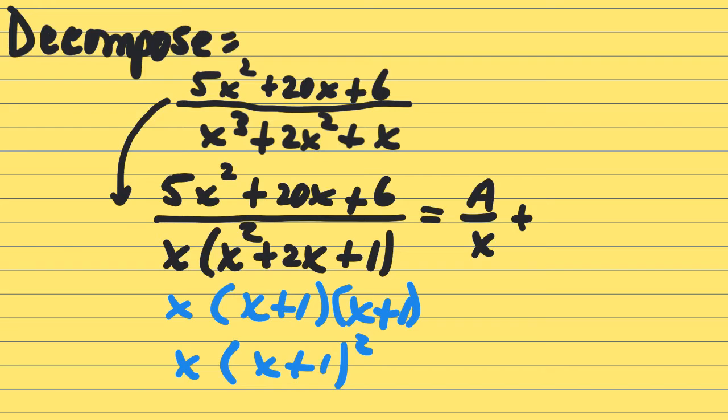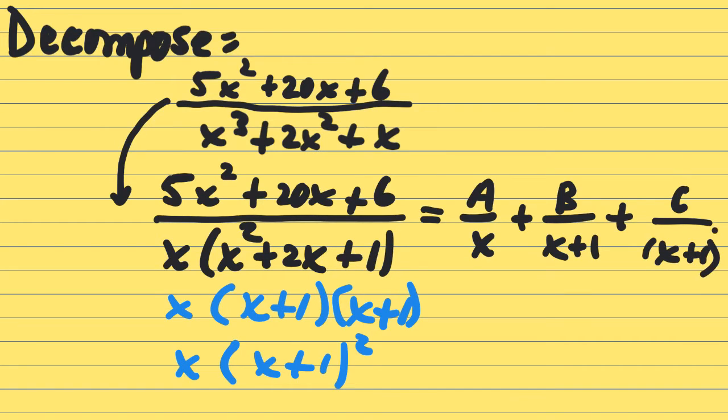For this one, it's x plus 1 squared, so it repeats only twice. But you build a fraction for once, and then you build another fraction for twice. That way.